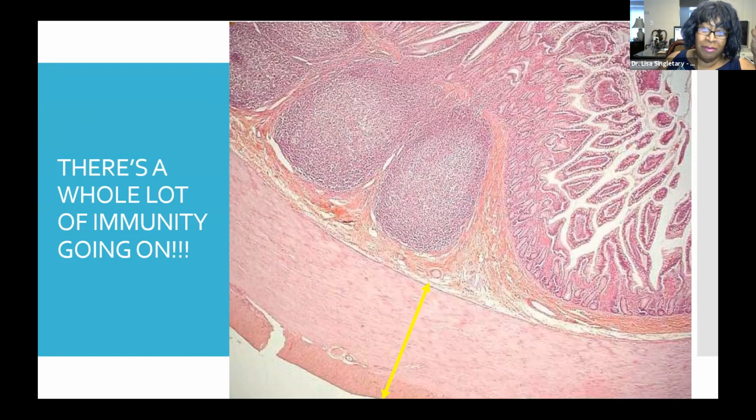Well, guess what happens? Take a little bit of, let's say, peanut, because there are a lot of people that have peanut allergies. Now, in a normal gut, that peanut would be broken down and would possibly not cause any problems whatsoever. But in a leaky gut, bigger portions of the peanut can get in.